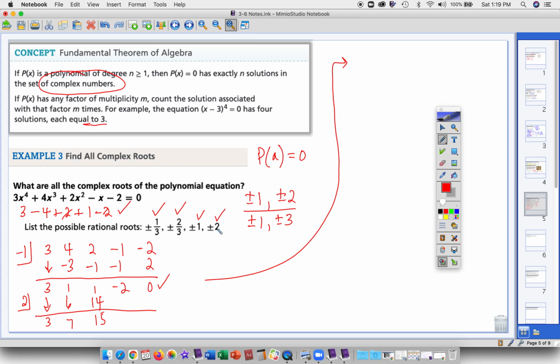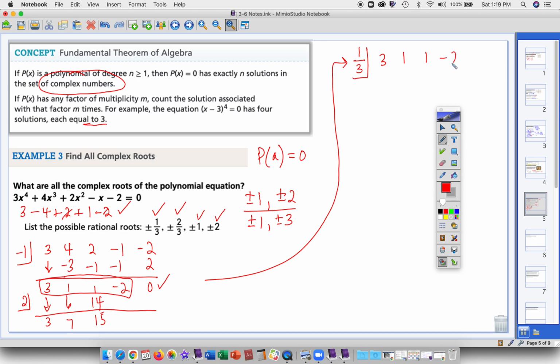So next, let's see. We could try -2. I'm just going to try a 3rd. I'm going to stick with the positives. Okay, so if I start with a 3rd, and again, I'm going back to this quotient here, right? That's my cube. I want to bring that down to a quadratic.